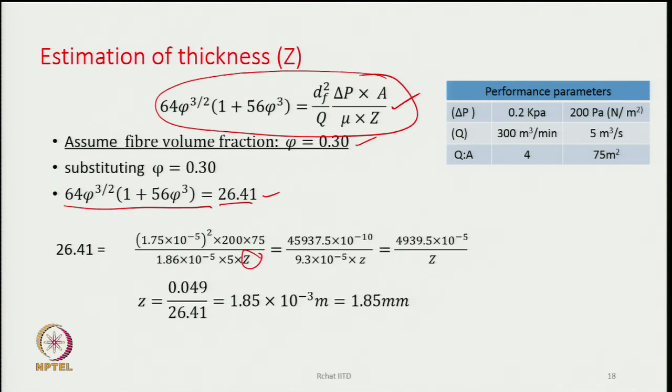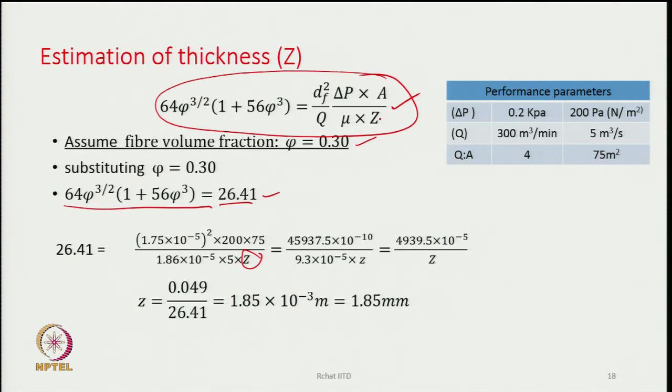Since some of the parameters have already been given, like what delta P should be, that is already given, and how much Z we need, that we have to find out.